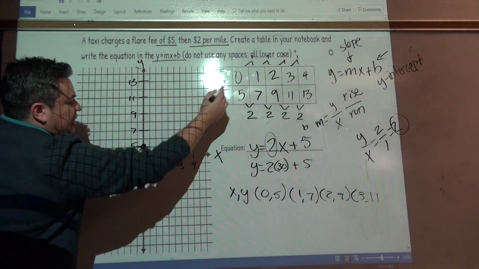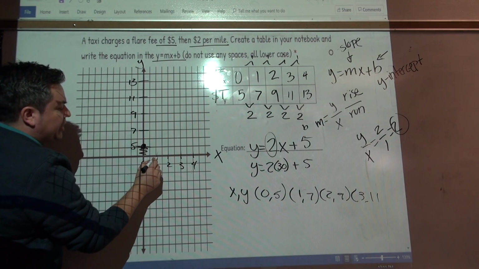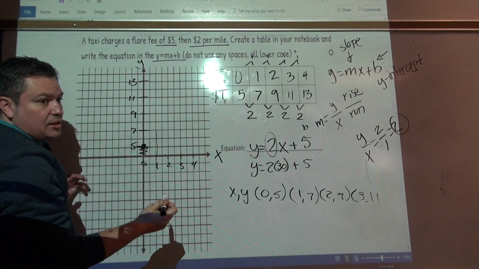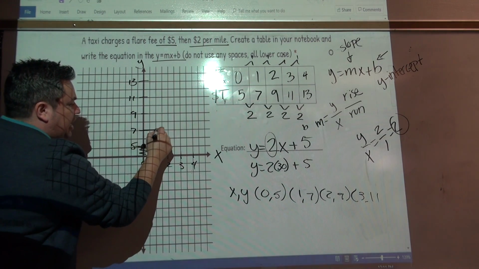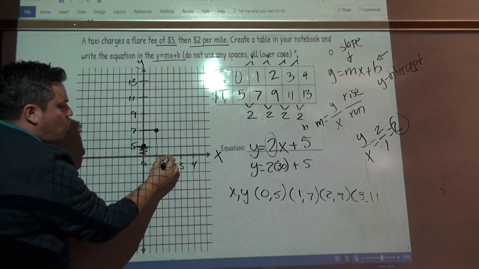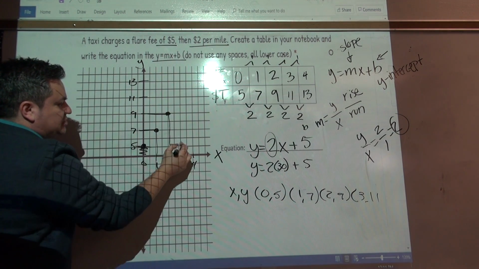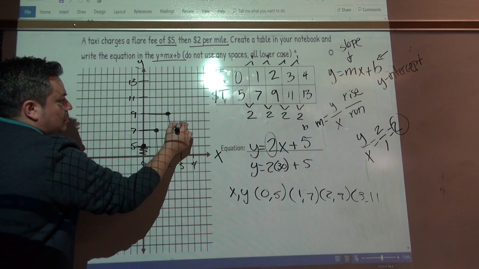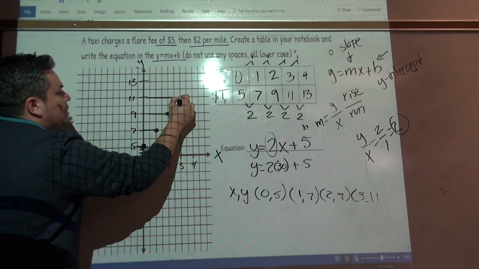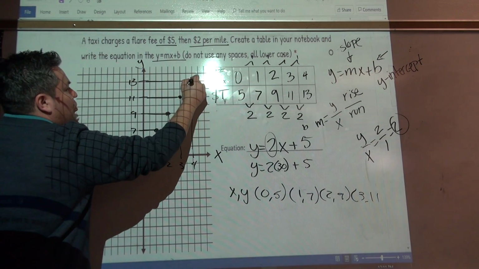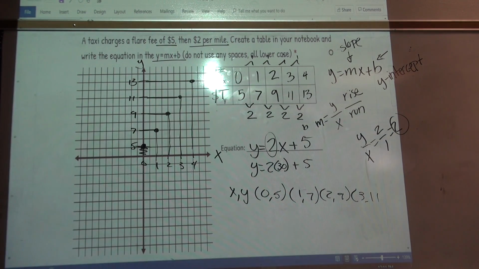When x is 1, my y is, what is y? 7, right here, put in the dot. Where x is 2, my y is 9, put in the dot. When x is 3, my y is, put in the dot. And so forth.